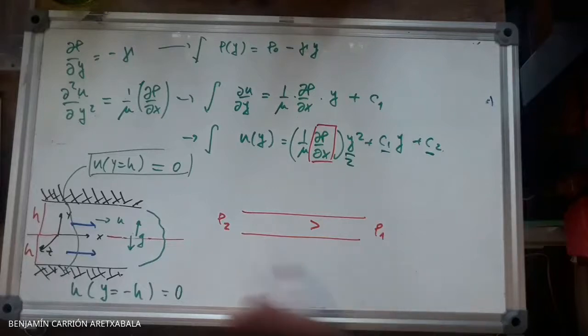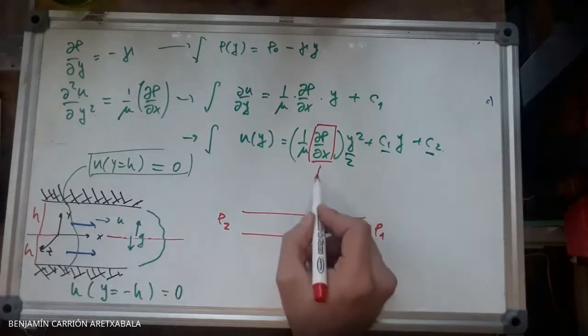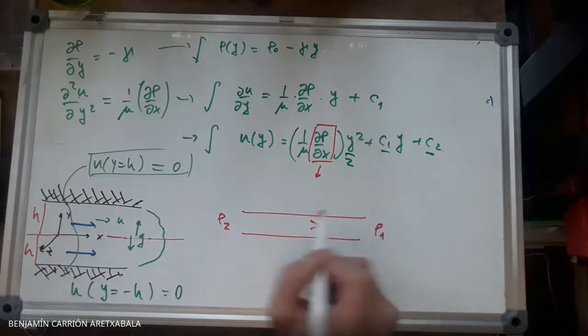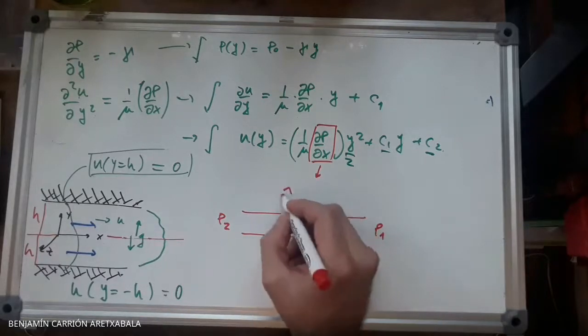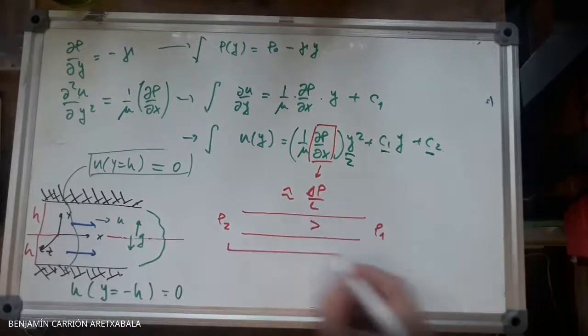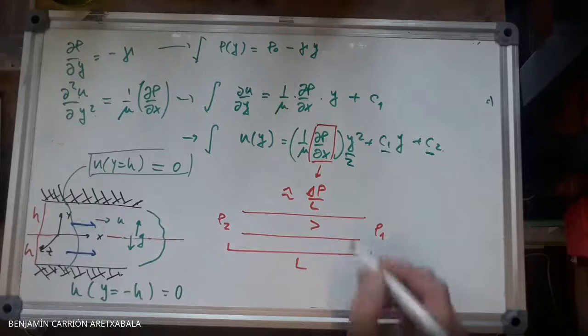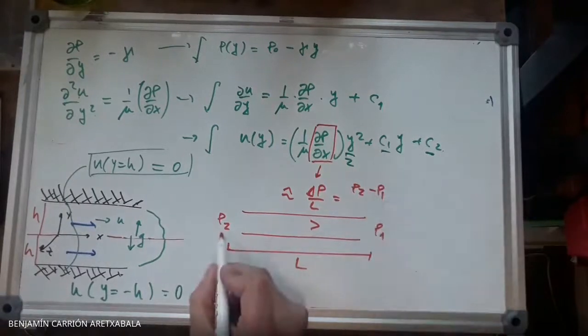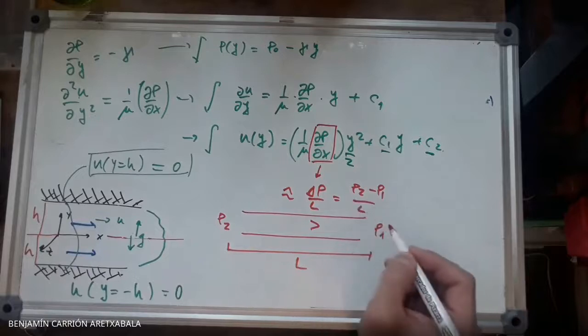Otherwise, water won't move, right? So dP at dx is actually what's driving the water, okay? And dP at dx, you could approximate this as delta P over a certain length. Let's say this is L. Okay, so it would be P2 minus P1, because P2 has to be larger, divided by L.